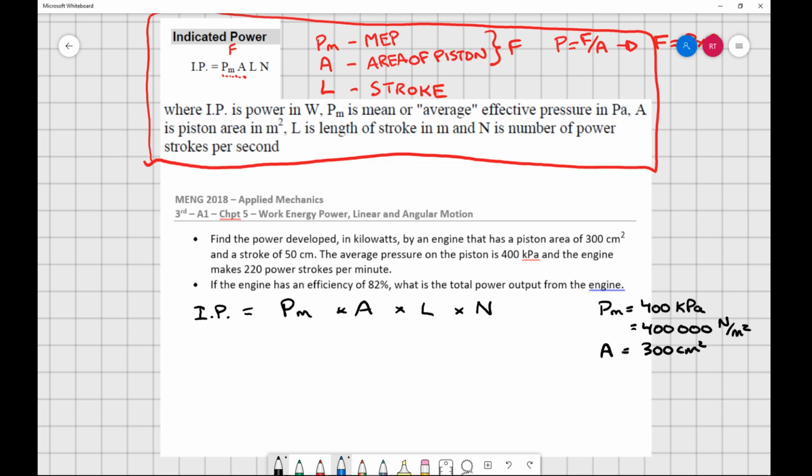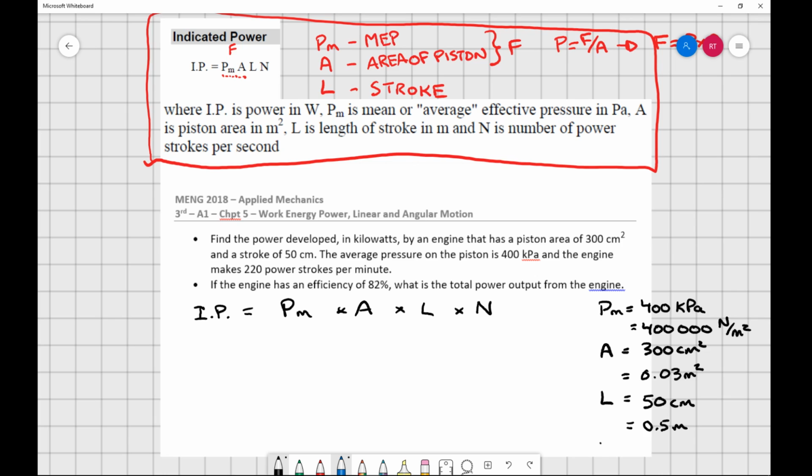I want to make sure I divide twice, and by centimeters to meters conversion, divide by 100 twice, and what I should end up with is 0.03 meters squared. I have L, which is my stroke, 50 centimeters, which is equal to 0.5 meters.